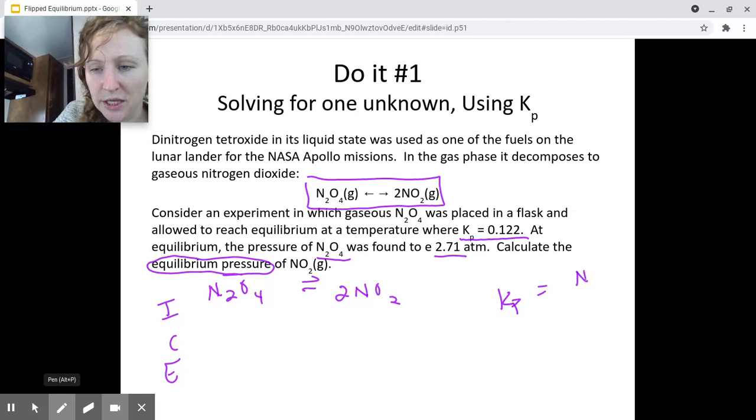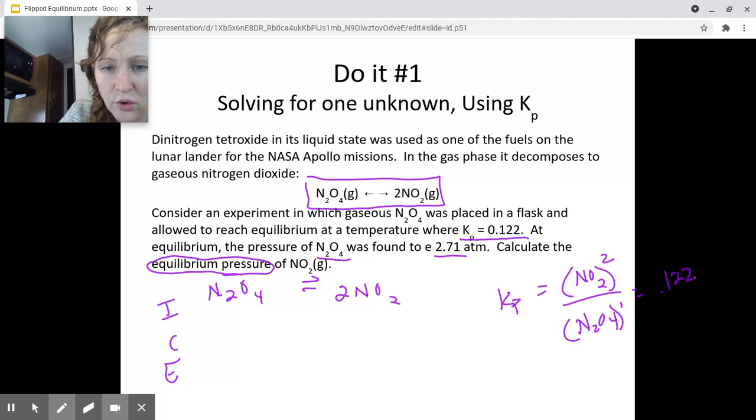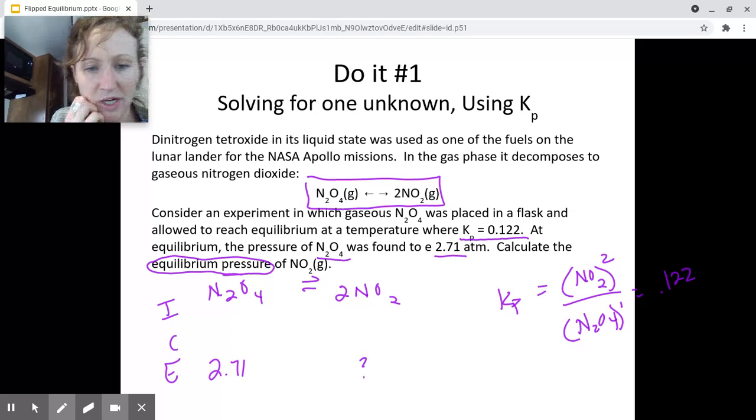Kp is going to be the pressure of NO2 squared over the pressure of N2O4 to the first, and that is equal to 0.122. All right. Then they give us the equilibrium pressure of N2O4 at 2.71. They want us to find the equilibrium pressure of NO2.